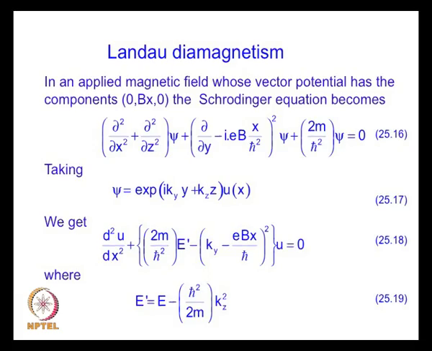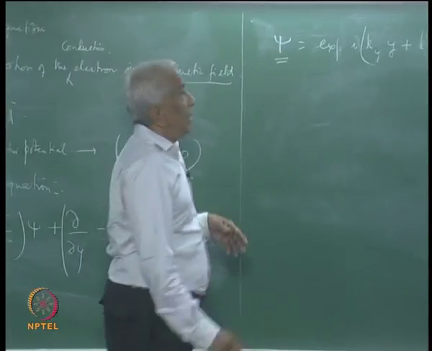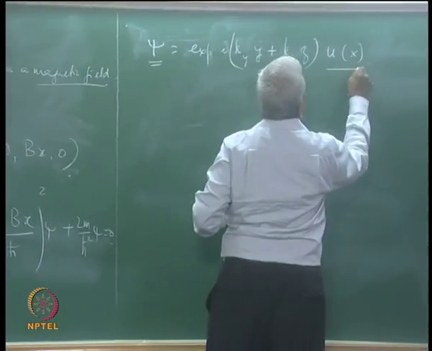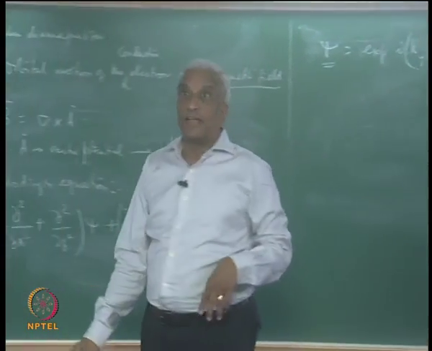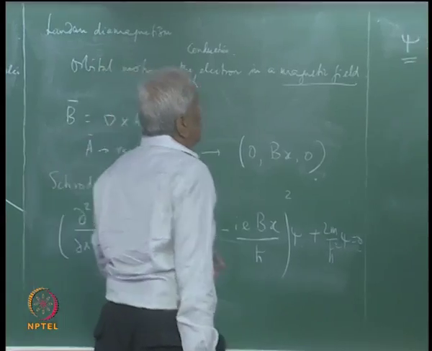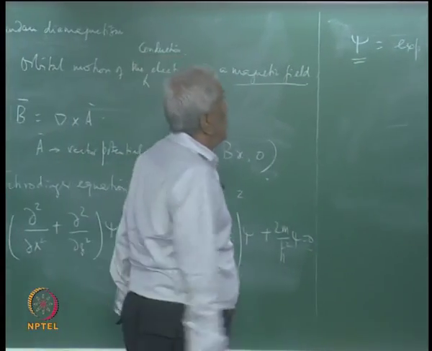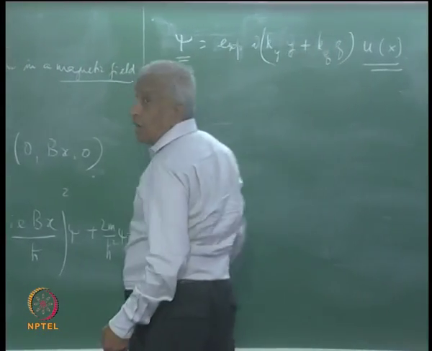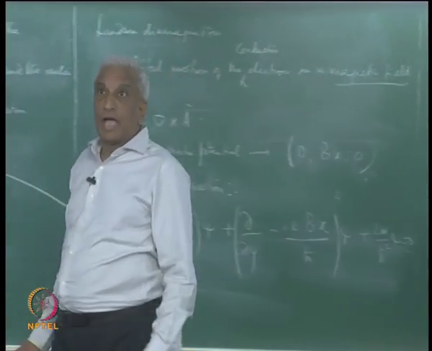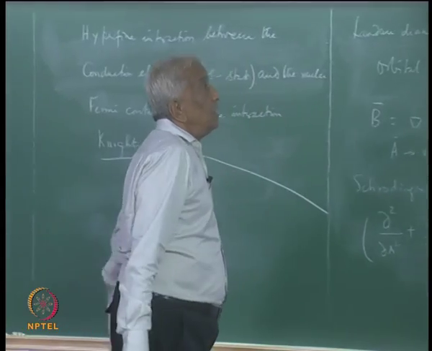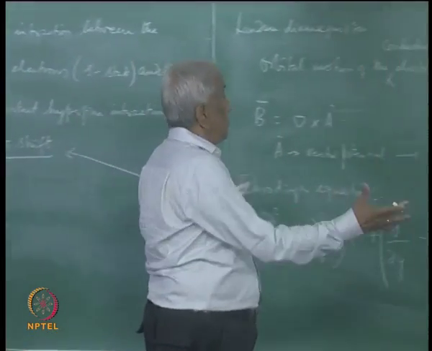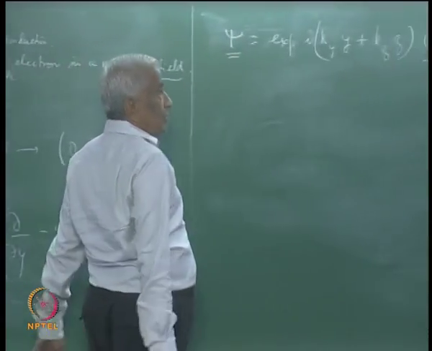So, the x part of the wave function will not have the free electron form, and so this u of x is the function corresponding to the x part of the wave function. The y and z parts are free electron wave functions, as in the case of the free electron in the absence of the magnetic field.